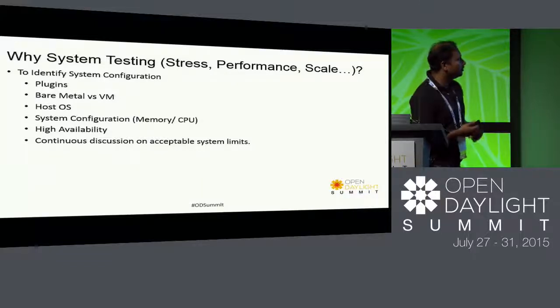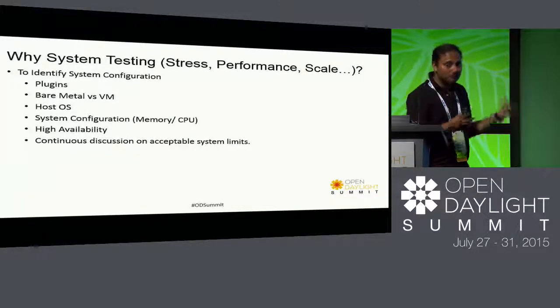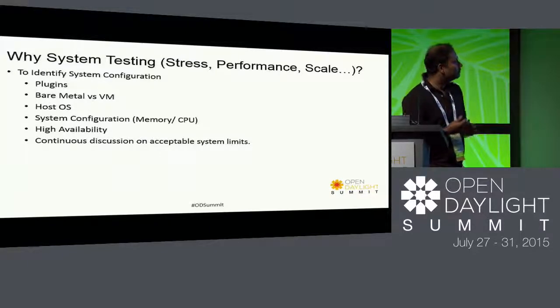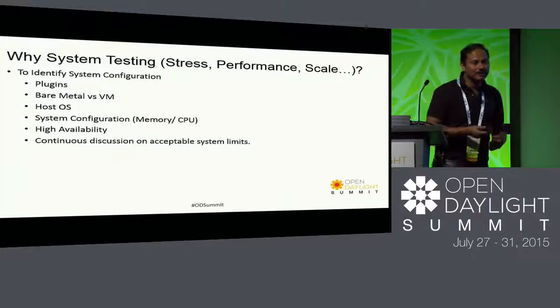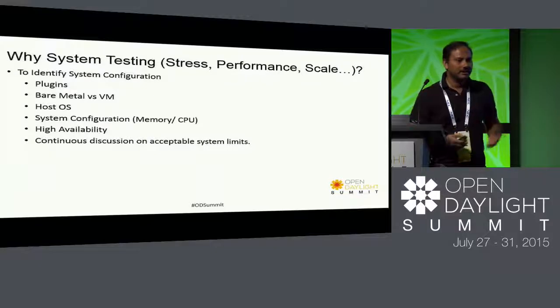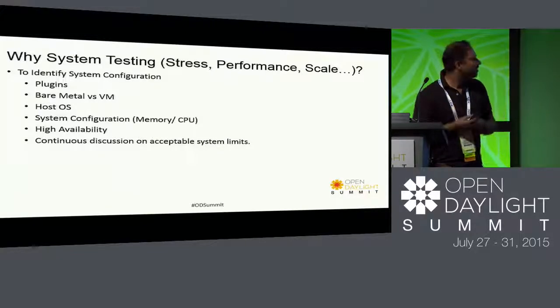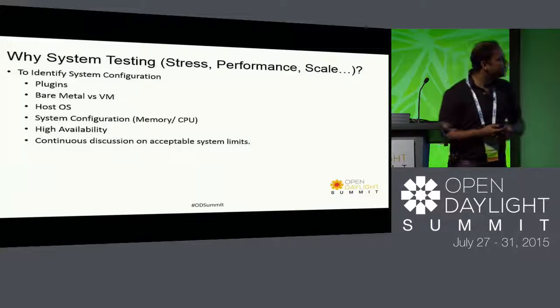Then how much CPU and other resources I have to provide. Whether for that scale number, will I be able to support high availability too? And there's always been a discussion on how much we can scale. Let's say the Beryllium release is going to come now, where should we be aiming? I think we should continually have some discussion on this too.